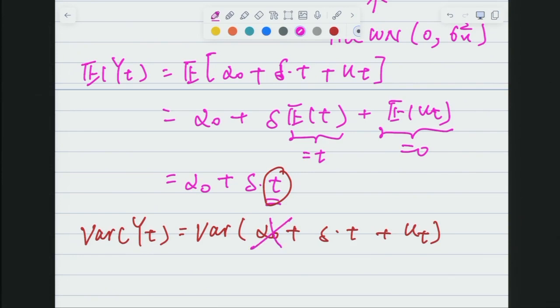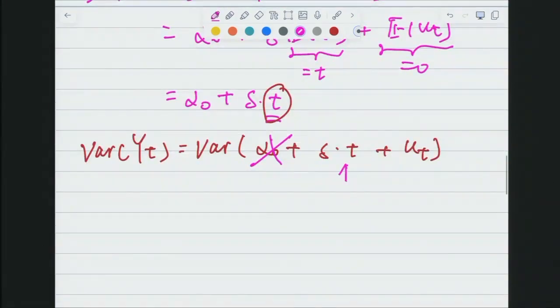Okay, delta also a constant, t something that's deterministic, no randomness. Okay, only a random variable can have a non-zero variance. Given that it's deterministic, it's perfectly known, there's no variance in t.